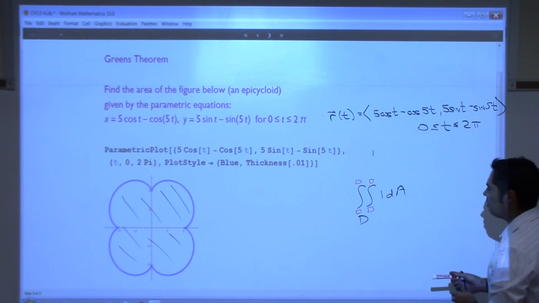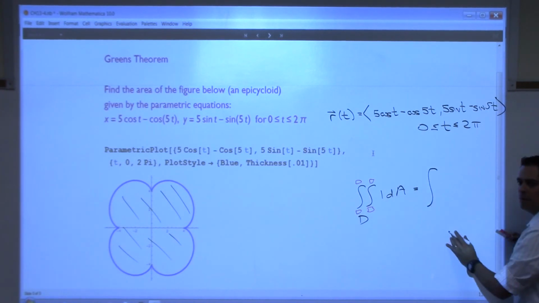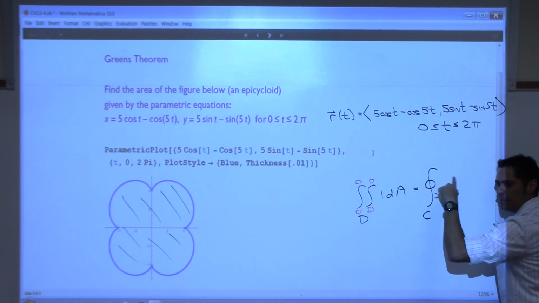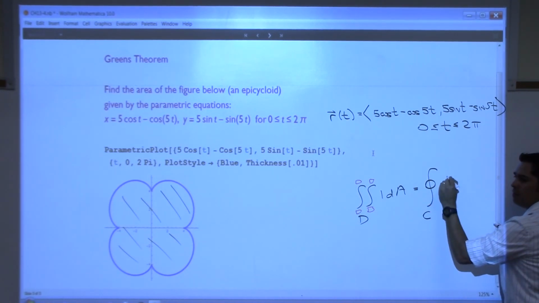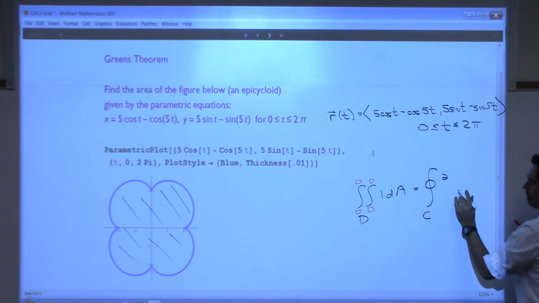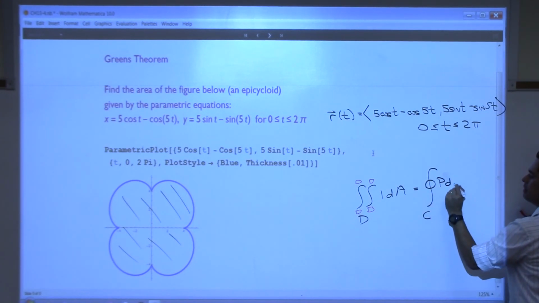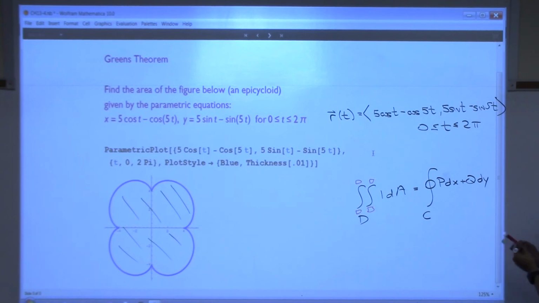However, this is equal to the line integral over C, the closed curve in positive orientation, of P dx plus Q dy.